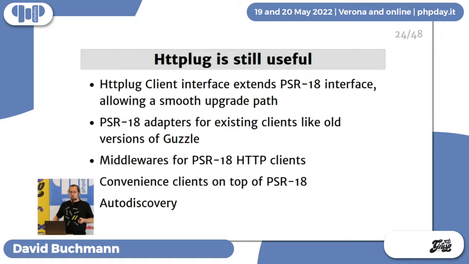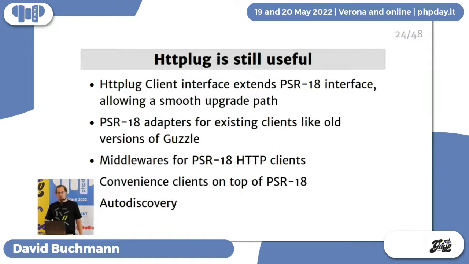But then more important, we have a couple of adapters in this organization, for example, to use old versions of Guzzle as a PSR-18 client. Because Guzzle in the latest versions implement the PSR-18 interface themselves. But then with old versions of Guzzle, they can't. So there is a glue layer that uses Guzzle to provide a PSR-18 client.